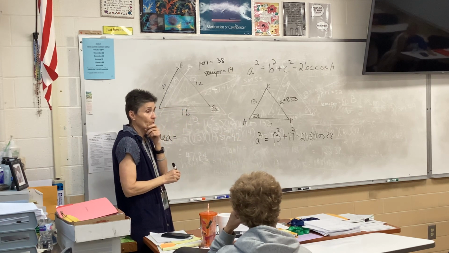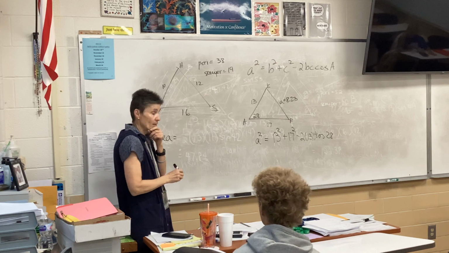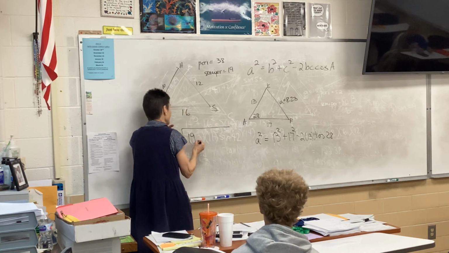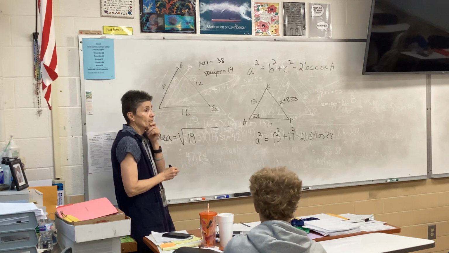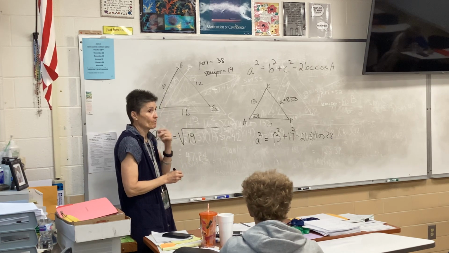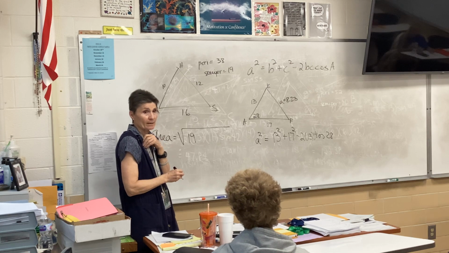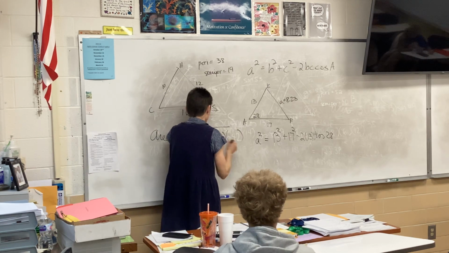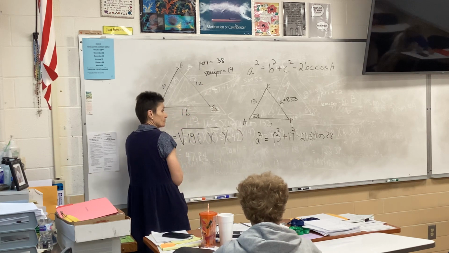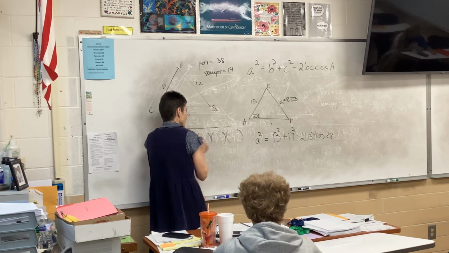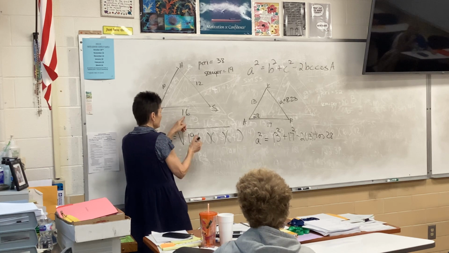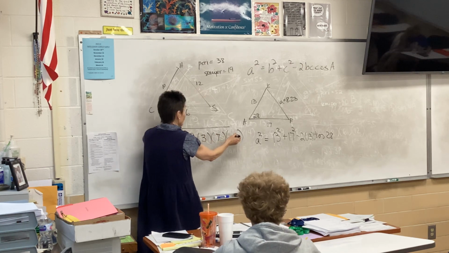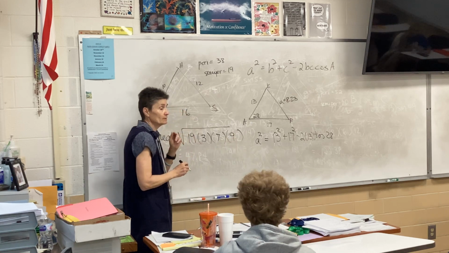Thank you. The semi-perimeter is 19. So when I find my area and I have my big radical, the first number in it is 19. 38 does not go in the radical. 19 goes in the radical. And then, what are the other 3 numbers? There are 4 numbers total. How do I get the other 3? 19 minus each side. And you can go whatever order you want. It doesn't matter.